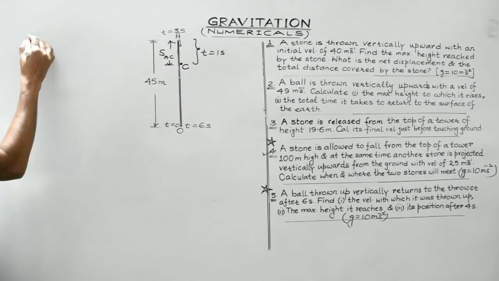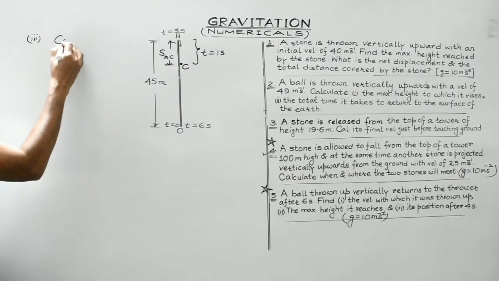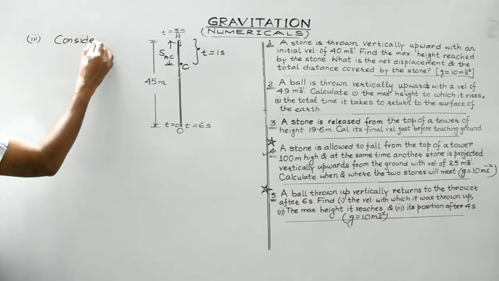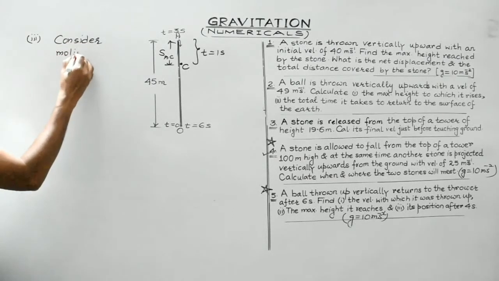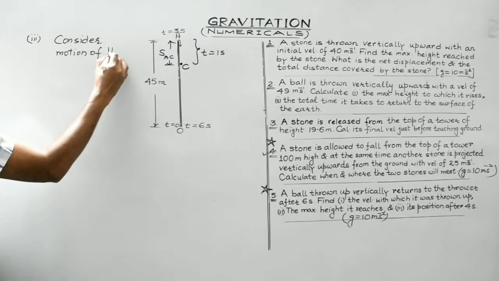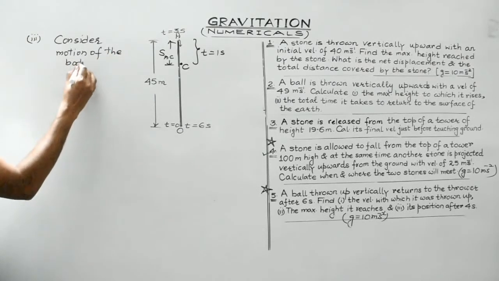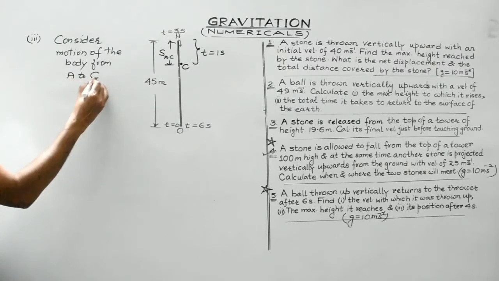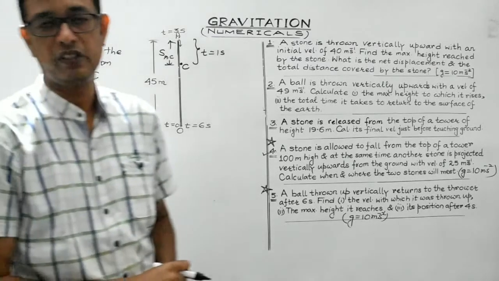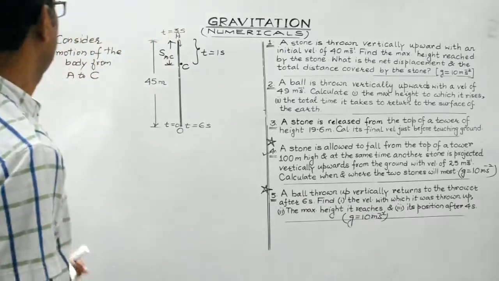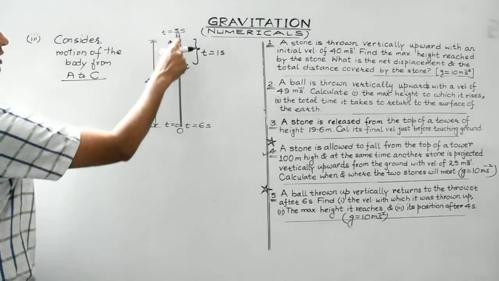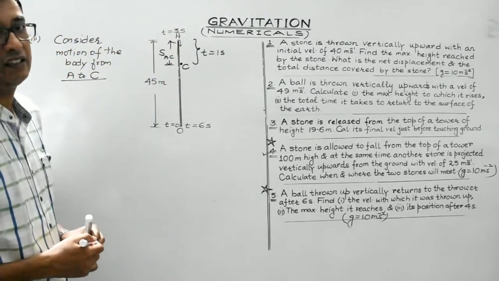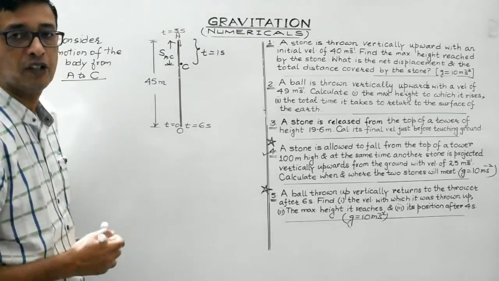Now in order to find out the third part, let's consider the motion of the body from A to C. Clear students? In this case, A is considered to be the initial point and C is considered to be the final point.